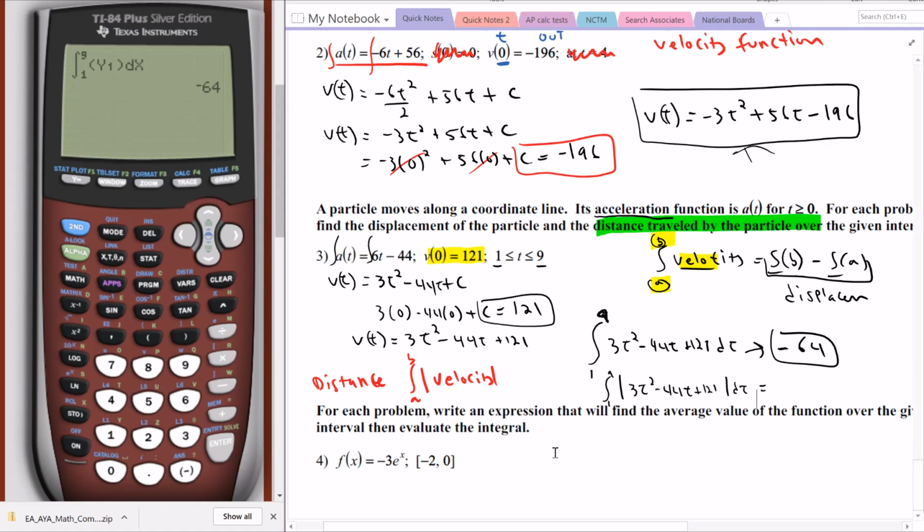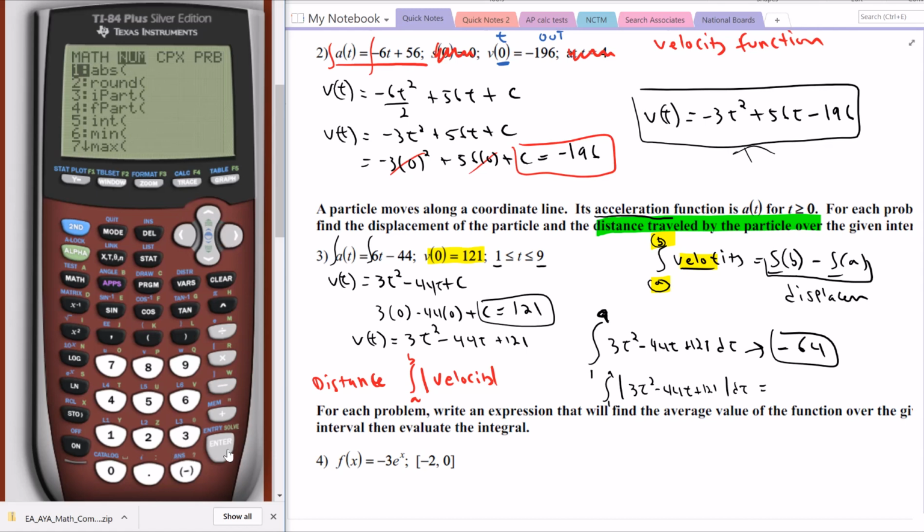So to do this on the calculator, we're going to do the same steps. Math 9. We're going to go from 1 to 9 still, but here I need to put the absolute value symbol, so it's also the math button, right here under NUM.